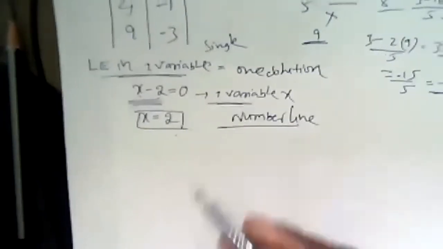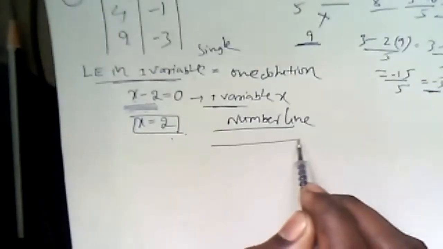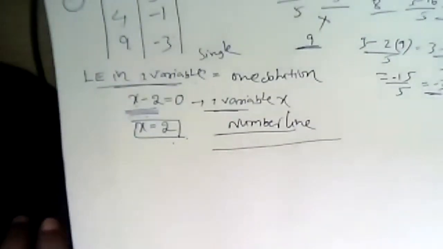Okay, the number line you studied in the 8th standard. How is it? Just one line, like this, and on both sides there are values.